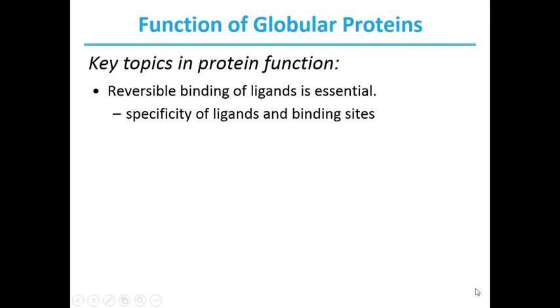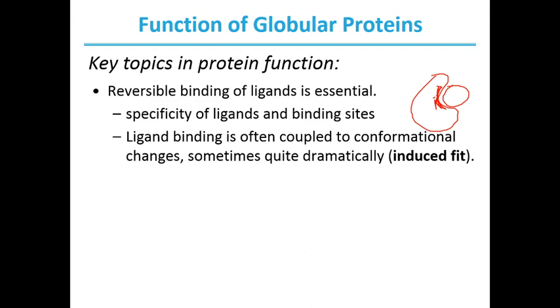For example, if I were to draw a structure of a protein, let's assume that this is a protein. A ligand can bind in this site, and so this is termed the ligand binding site.